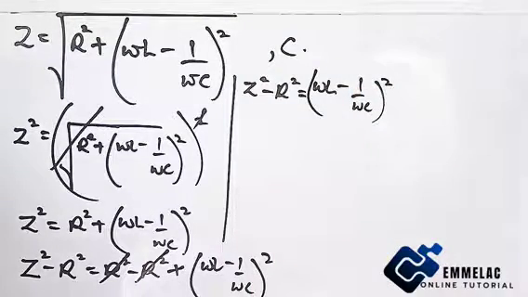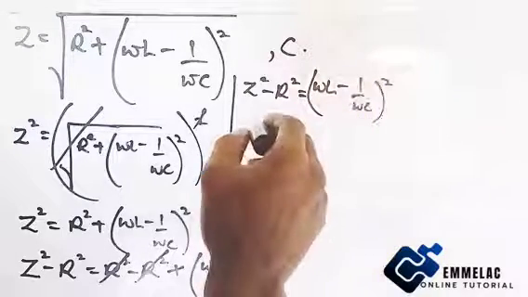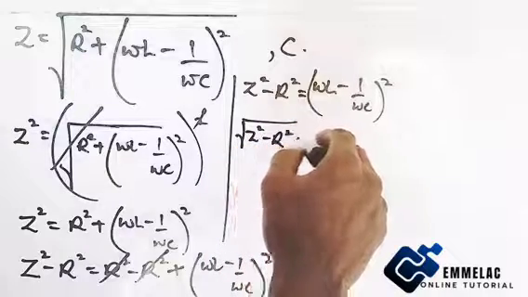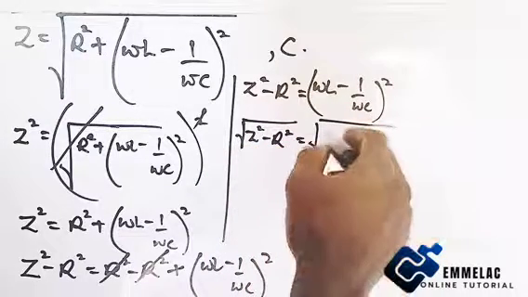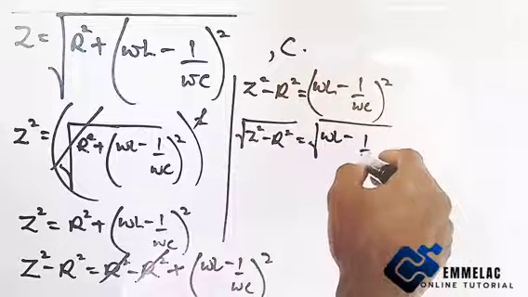Now what we're going to do here now is to square root both sides, so that we will need to remove this. So we square root both sides: the square root of Z squared minus R squared now equals the square root of WL minus 1 over WC.